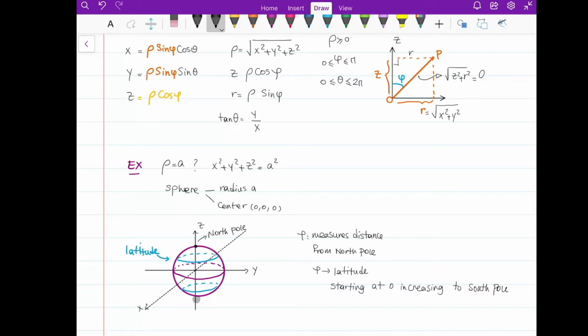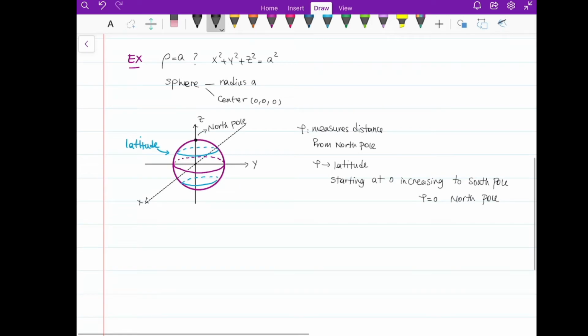South Pole is basically right there. Okay, and when phi is equal to 0, we are in the North Pole. When phi is equal to pi over 2, we are in the equator. And when phi is equal to pi, we are in the South Pole.